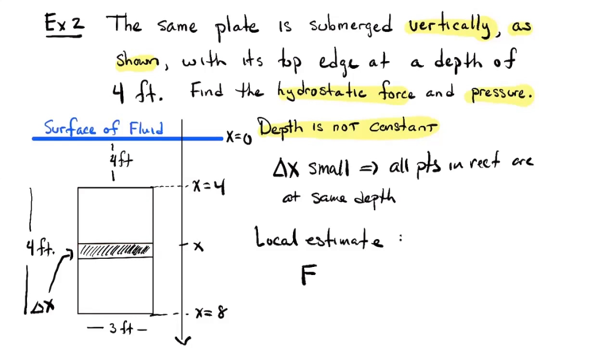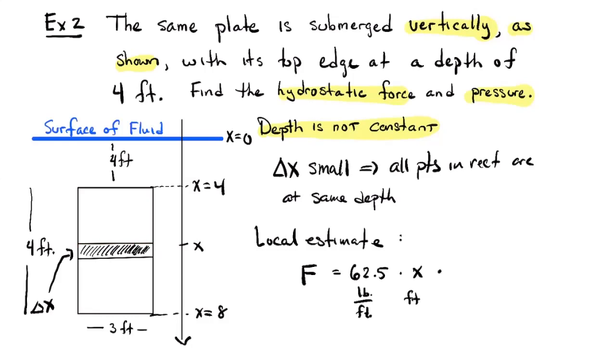Okay, so the force is the weight density of the fluid. I'm working in feet here, so I've got that constant, right? It's 62.5 pounds per cubic foot. Maybe it's useful for me to write that here, pounds per cubic foot. What is the depth? Well, I'm assuming that all points on that rectangle are at a depth x, so that's x feet.